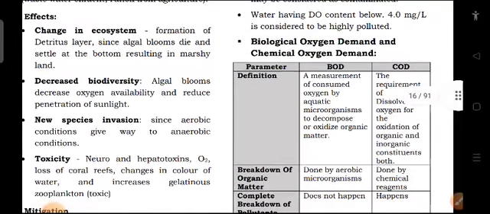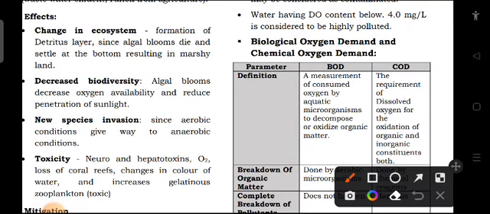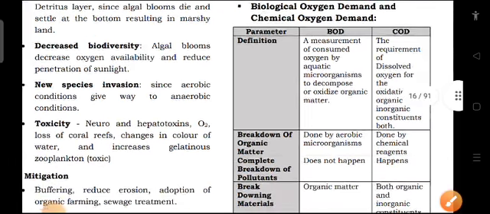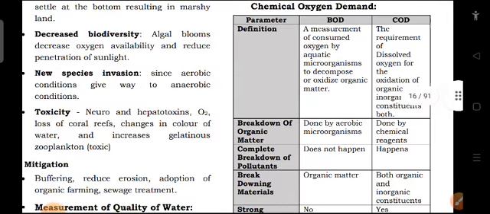Now let's look into the difference between biological oxygen demand and chemical oxygen demand. These are the parameters, BOD and COD. It's not cash on delivery, it's chemical oxygen demand. First, the definition.